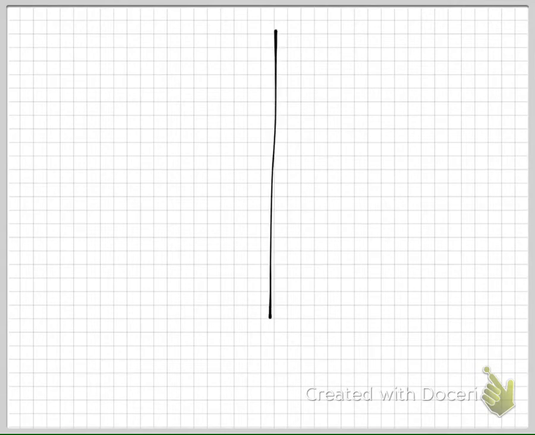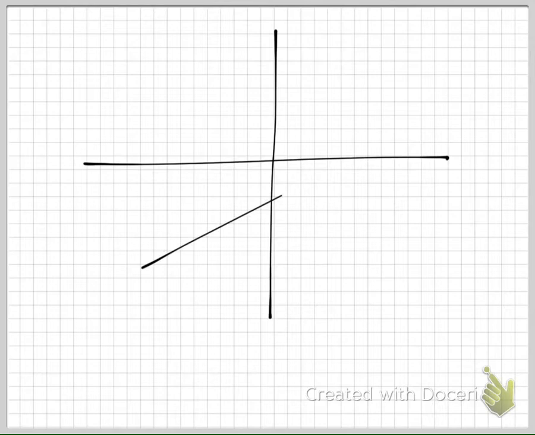Pay attention. Whenever you see the coordinate plane, and you see a line that from left to right is going uphill, then that line is positive. That is a positive slope, right? Does that make sense?